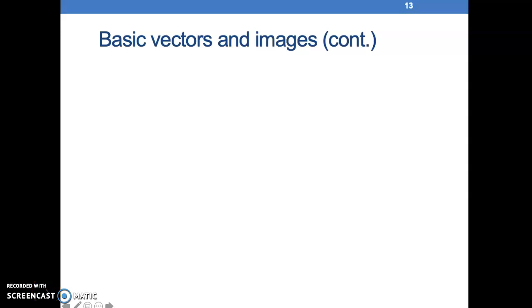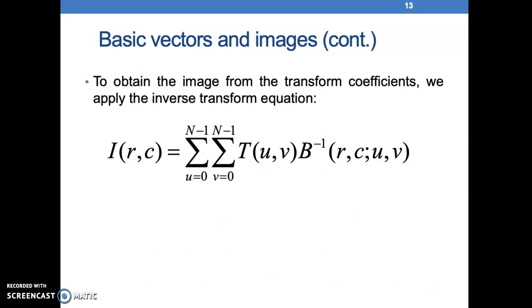Okay, so continuing with the basis vector and image. This is already discussed. This is where you will get the inverse transform equation, where T(u,v) is the transform image. This is the basis of the inverse process.